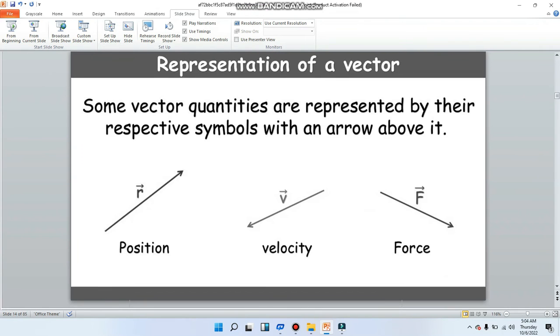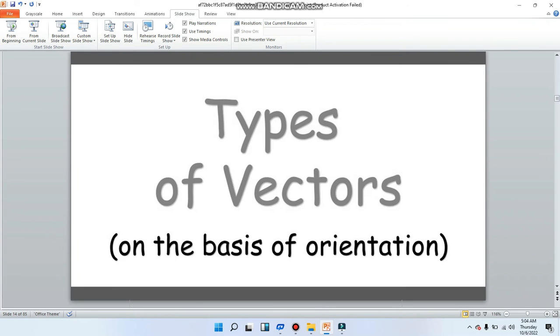Some vector quantities are represented by their respective symbols with an arrow above it, just like position is represented by R, velocity by V and force by F.